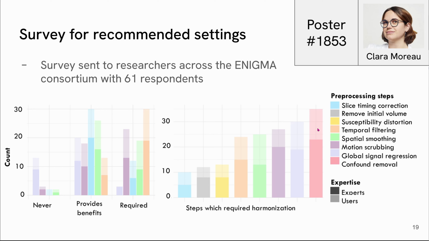And we asked them which steps are the most important to harmonize. So where do we really need to push for this consensus and push for people to go with the recommendations, and also which settings to use for those steps. So please have a look at her poster that is later today in case you want to learn more.